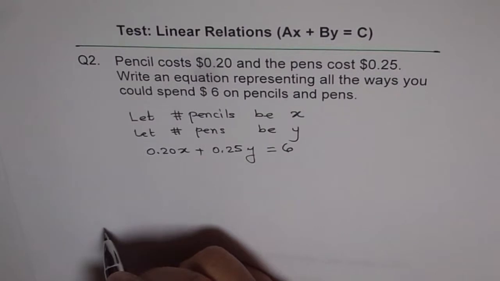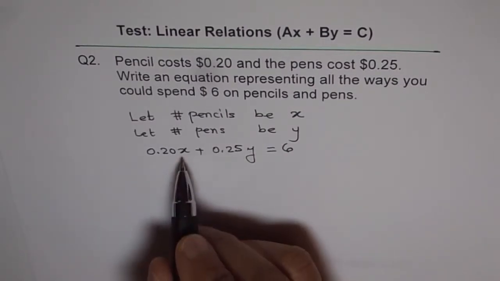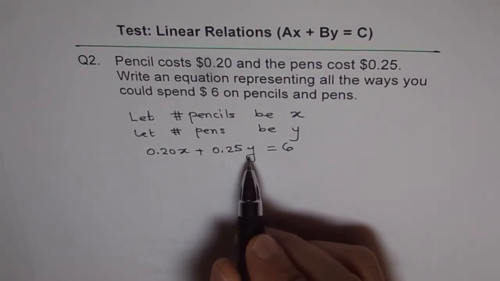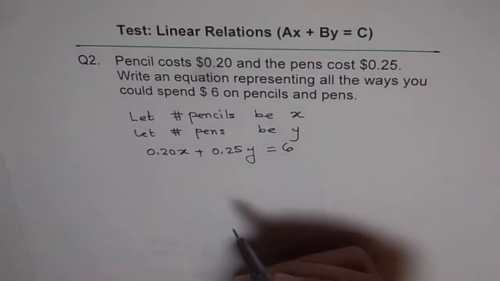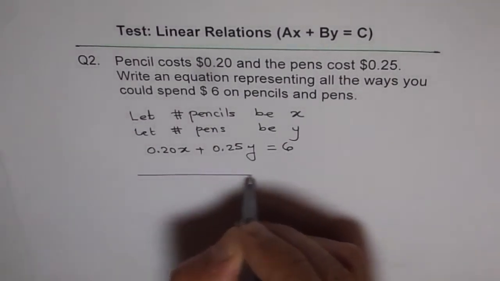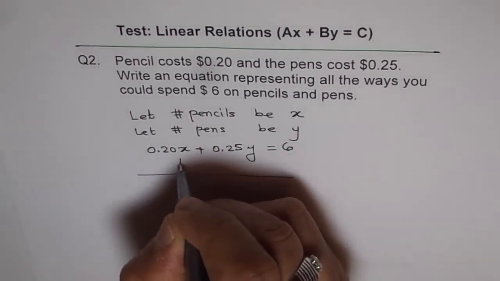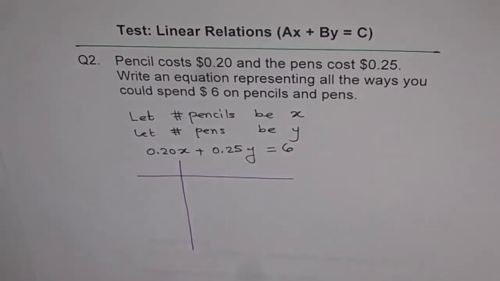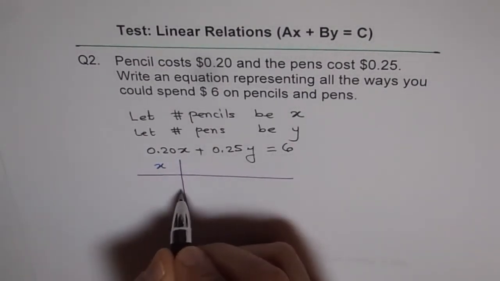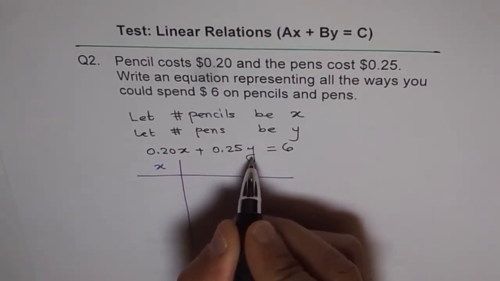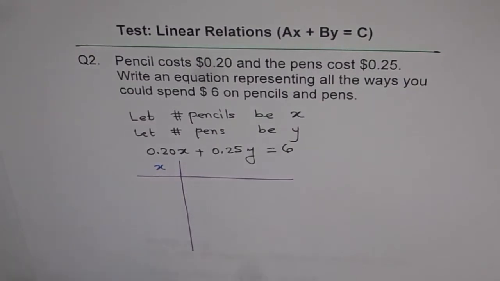So what we can do is write different values of x and find corresponding values of y and make a table. We can start making a table. We will write all x amounts here, the number of pencils, and we'll calculate the number of pens.